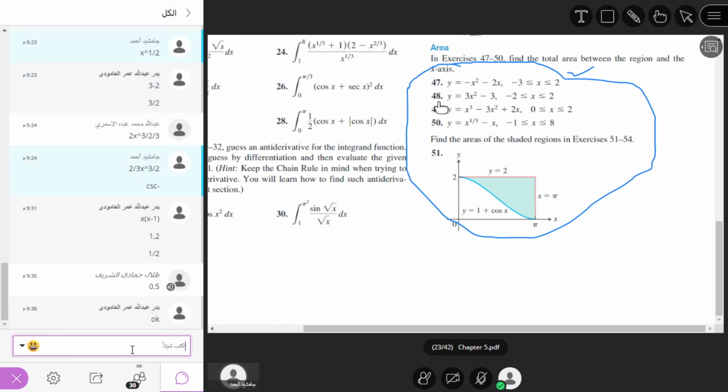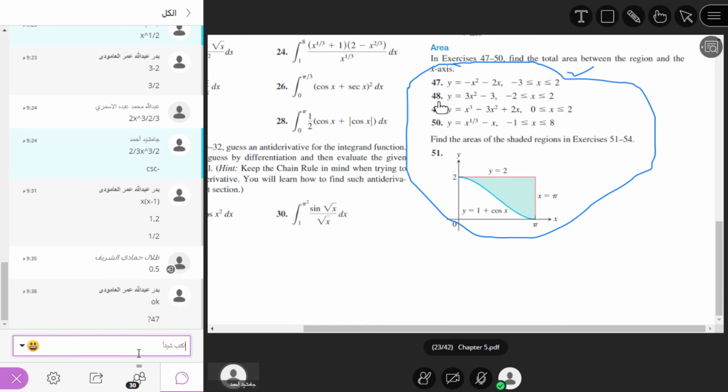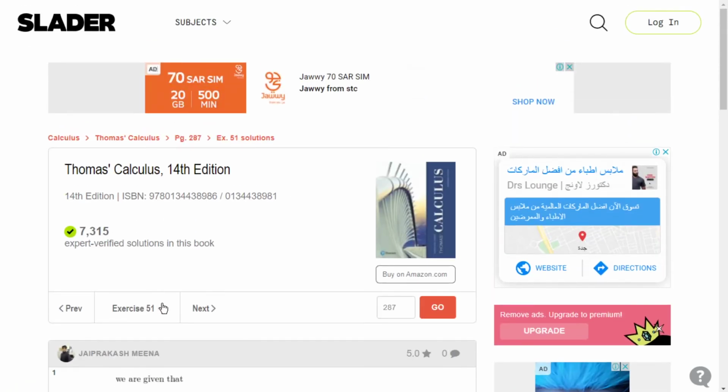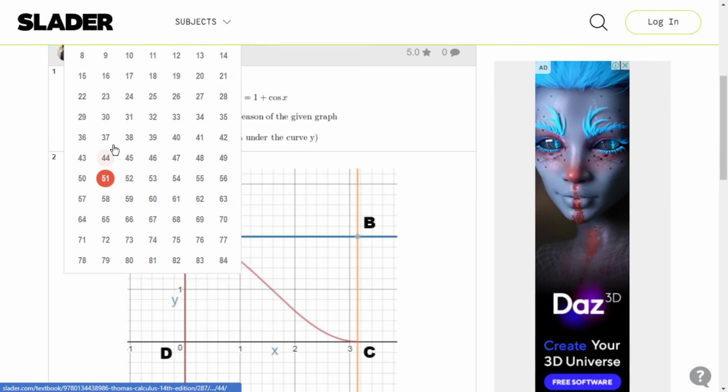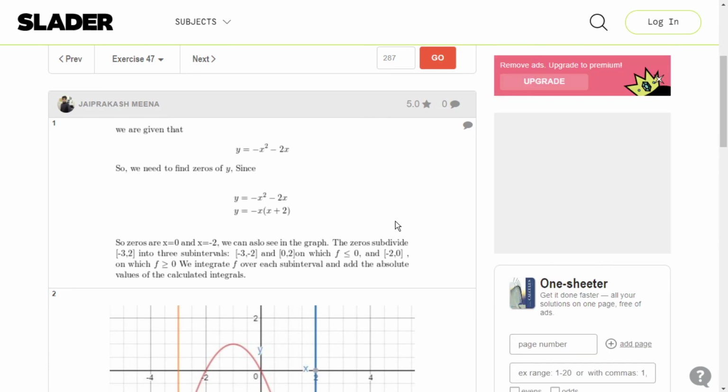What are the zeros of the function? Okay, brother, solve this question. Yes, 47. What are the zeros of f of x? For this case, when we take x common, we have minus x minus 2.